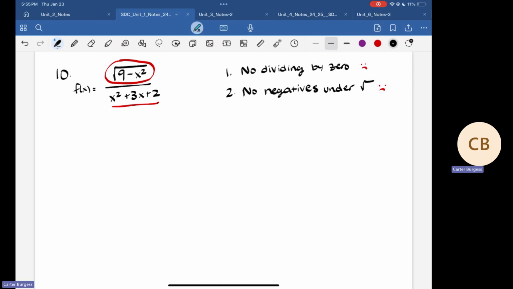So in this case, for our second rule, we want to make sure that there are no negatives under square roots. The way we can write that as an inequality, we need to make sure that the inside of our radical, in this case 9 minus x squared, is not negative, meaning greater than or equal to 0.